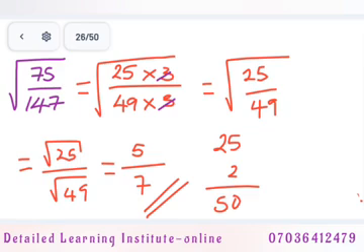It's not up to 75. You increase this number to 3. You try it. 25 times 3 will give us 75. Since 25 times 3 will give us 75, it means that we can replace 75 with 25 times 3, because 25 has a square root that will not have a decimal. 49 also has a square root that will not have a decimal. So that is how we can know the two numbers that we can use to replace these ones.